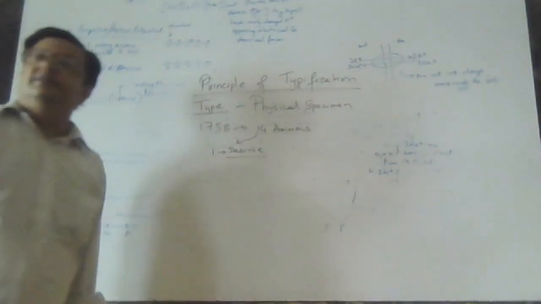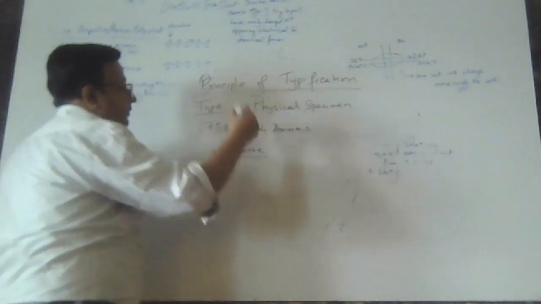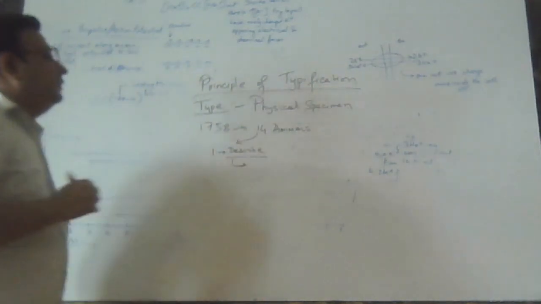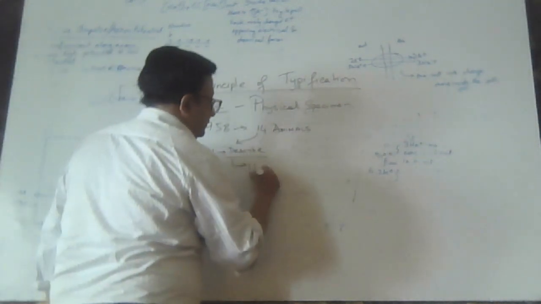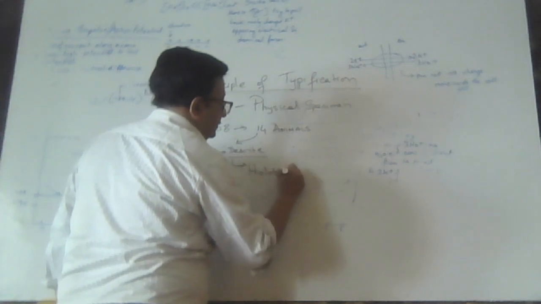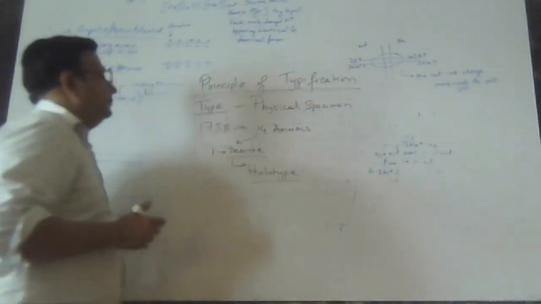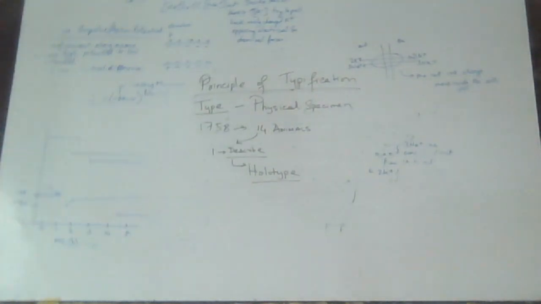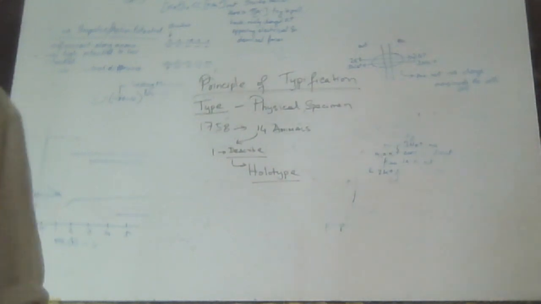On the basis of that one specimen, perhaps kept in a museum, the whole description was given. That is known as the holotype.